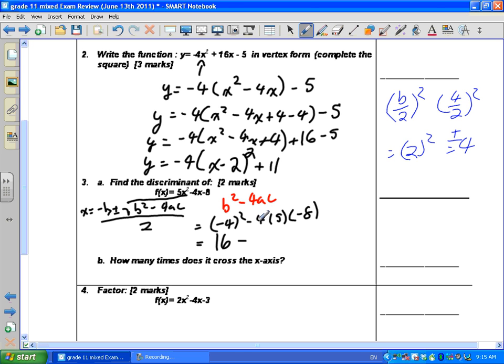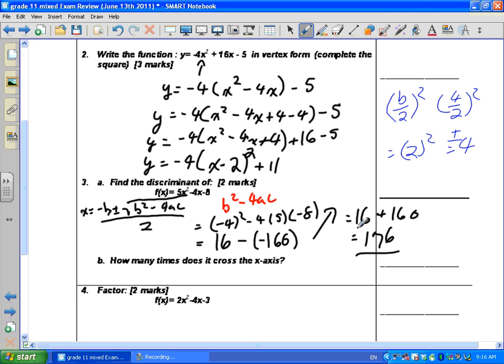Times negative 8 is, sorry, 160. Negative 160. Okay? So we have a negative and a negative. 16 plus 160 is 176.